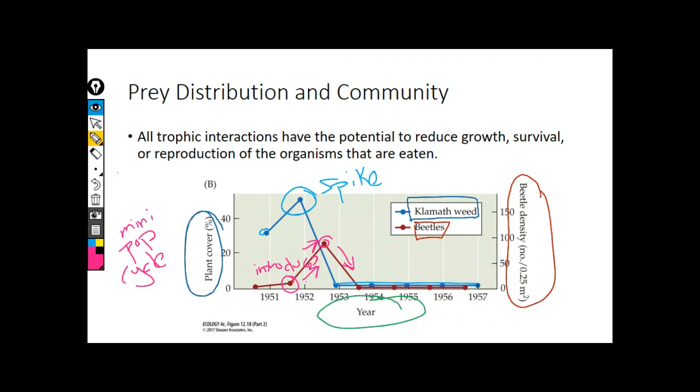And there's actually one other thing that we can maybe see that's going on in here. What might be one explanation for the spike in that plant? Why might the plant be increasing?